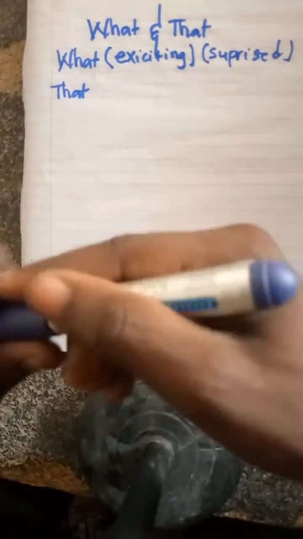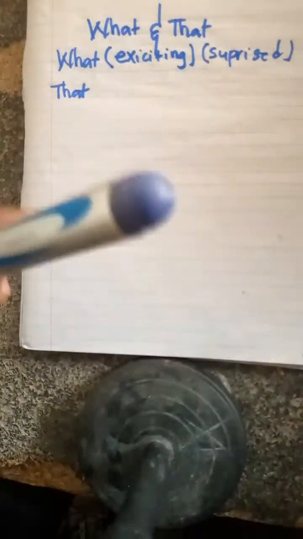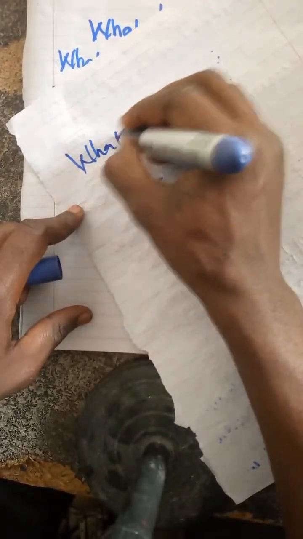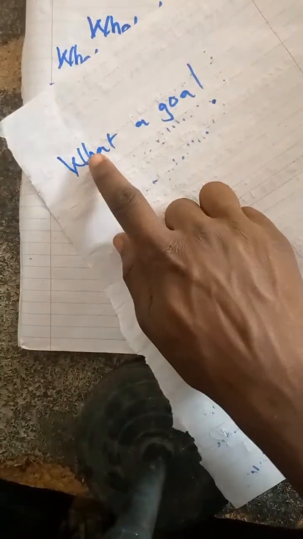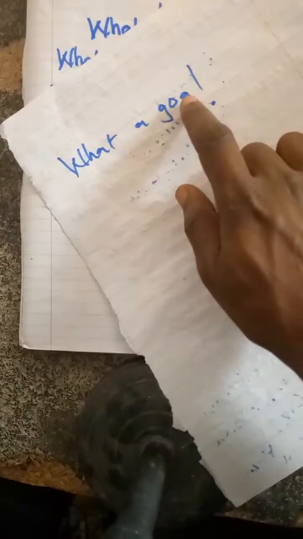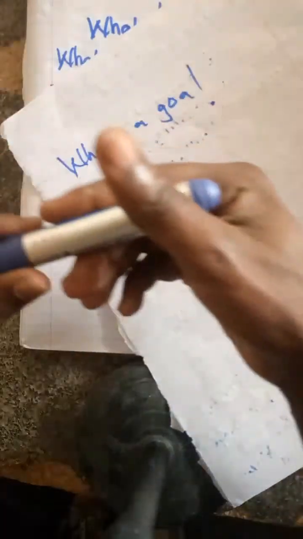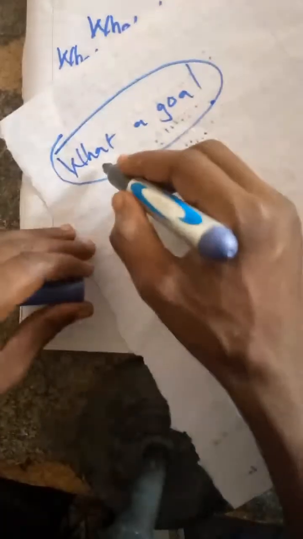For example, if I write, "What a goal!", you have seen? "What a goal" shows excitement, right? So there is the word what, followed by the outcome, which is a goal. So when a rewrite starts with what, it is here to show two things.